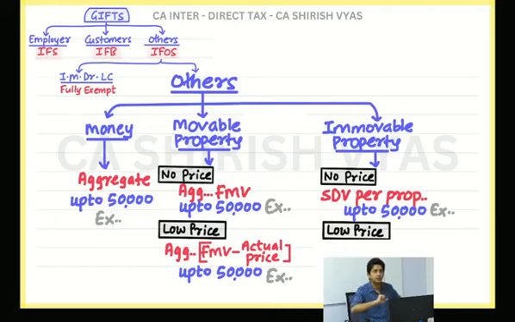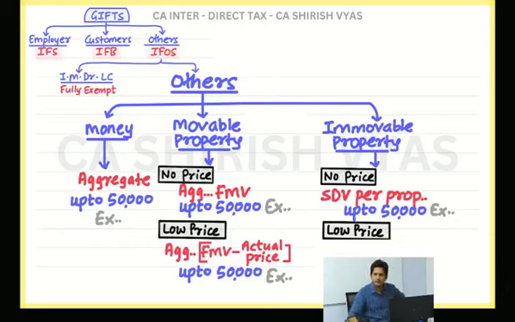Okay, now answer. Imagine I have purchased a flat of 1 crore, and for that I have paid say 95 lakhs. The value of the house is 1 crore market value, which is called SDV, stamp duty value. Remember the figure 1 crore, and for that I paid 95 lakhs.